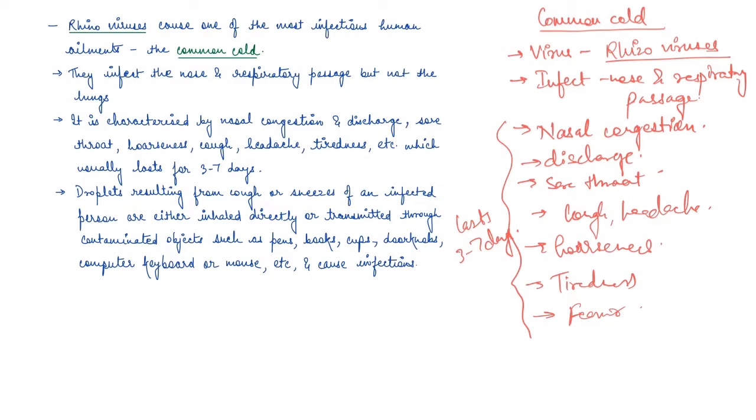All these things get affected, and as soon as another person touches them and then touches their nose or face, the virus gets inside them. If you use the same water bottle or mug I drank with, or my pen that I have sneezed on, the virus has been transferred to that object, and you get the infection.